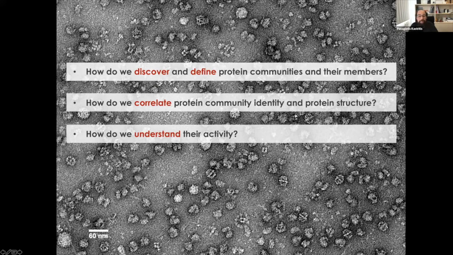So we need to use other methods to tell us what we have in our samples. And also, how do we understand activity? So how do we know that our cell extracts are not artifacts, but have inherent function? So these are the questions that my lab is interested in.